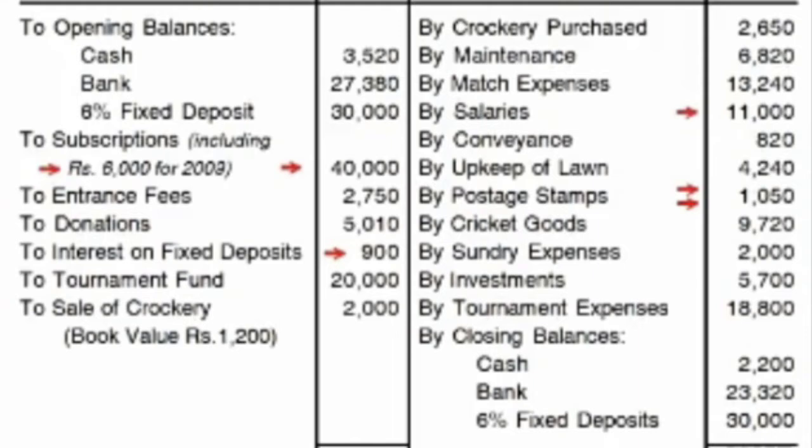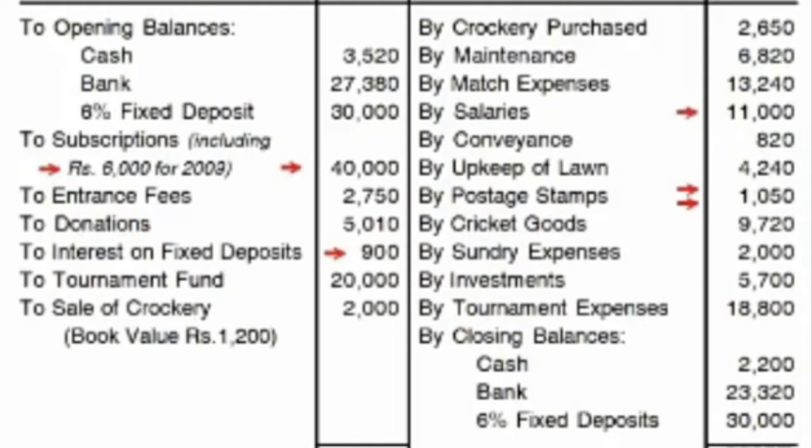These opening balances we can record in the previous year balance sheet. In asset side, cash 3520, bank 27,380 and 6% fixed deposit 30,000. And closing balances of cash, bank and 6% fixed deposits are given. These closing balances we can record in the current year balance sheet.